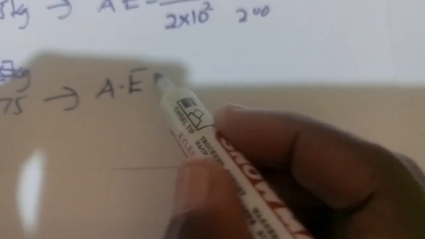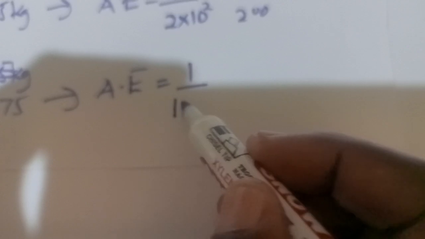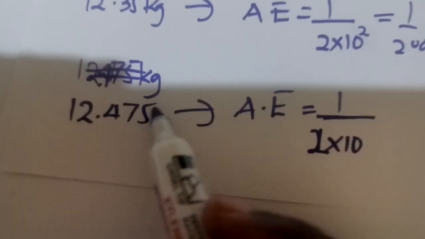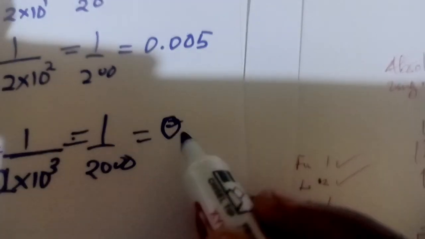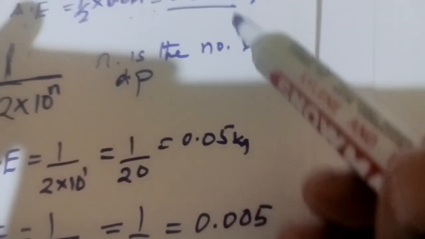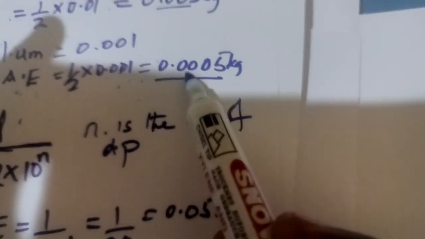AE will be 1 over 2 times 10 power the number of decimal places. This was written to 3 decimal places, so that will be 1 over 2000, and that should give you 0.0005, and that you can confirm is what we had earlier up here.